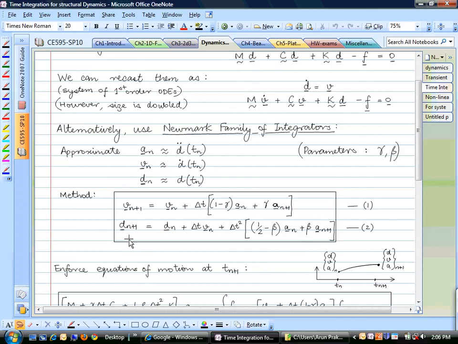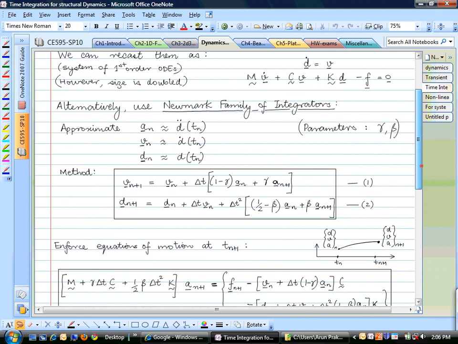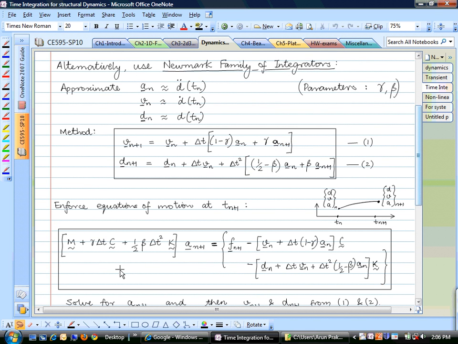And when you use these two approximations and plug them back into the governing equation, you can write, by rearranging terms, there's nothing in there, just algebra, that some matrix, where this is the mass matrix, damping matrix, stiffness matrix, all this thing you know.